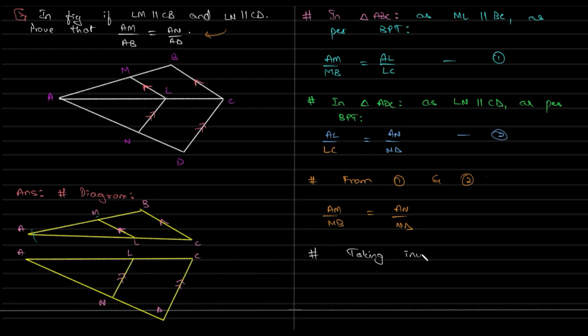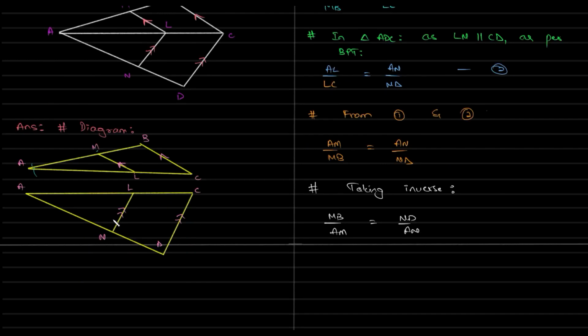Taking inverse, we have MB by AM, which is equal to ND by AN. So why did I do that? I'll show you now. The thing is, they want AM but not MB. They want AB instead of that. So to get AB from AM, I'm doing this.